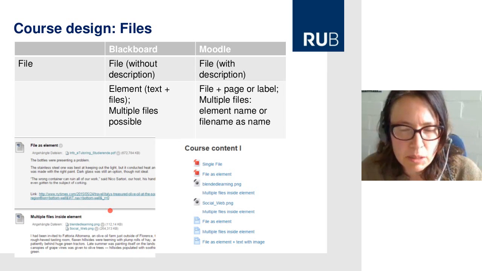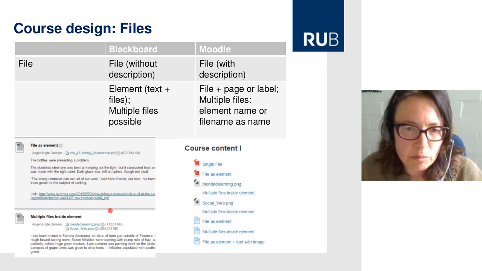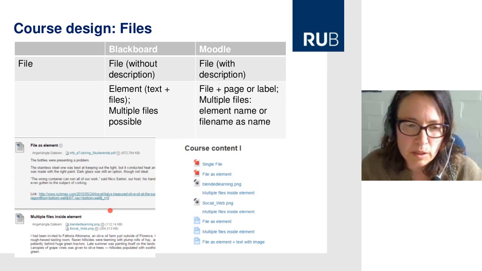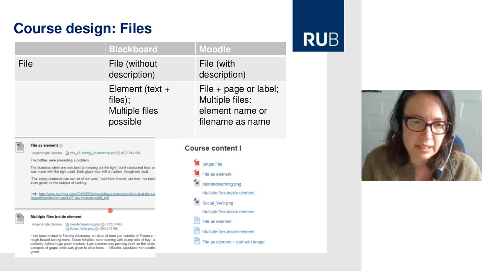It's not complicated if people only use the file function, but you also have another function, which is called element. An element, in Blackboard, is a way to write text and present it in a course. But the problem is that with this element, you can also add files to this element.